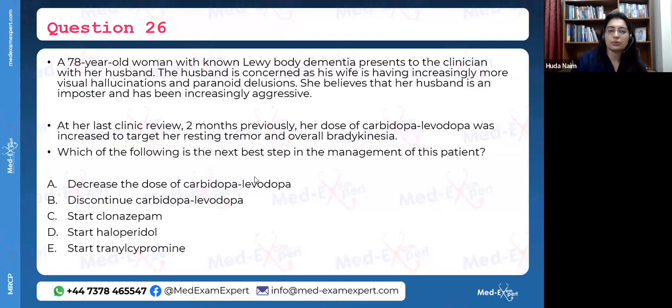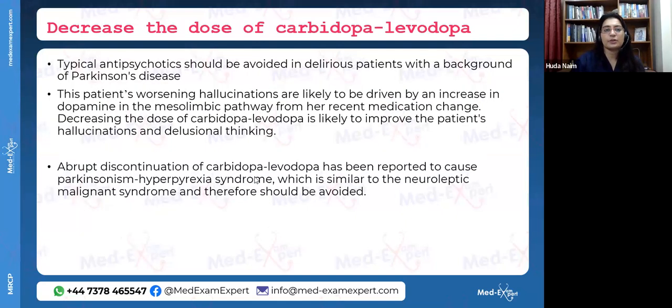You would decrease the dose of carbidopa and levodopa because you have to avoid typical antipsychotics in patients with Parkinson's disease. What happens is that there's an increase in dopamine because of the levodopa and carbidopa, and that increases the hallucinations and delusional thinking.